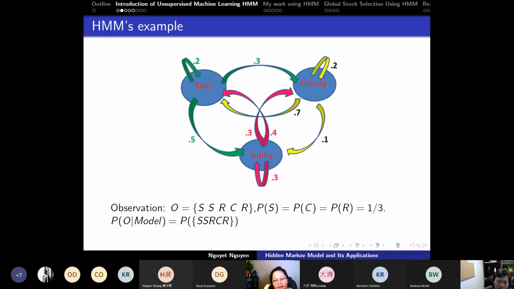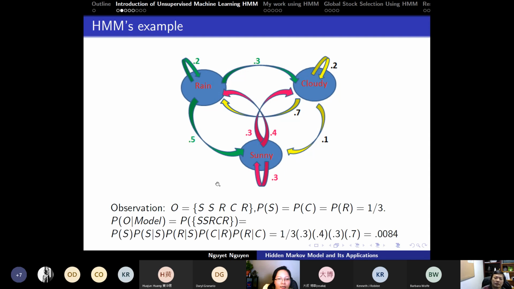If you have a larger data set, the purpose is to maximize the probability of observing these data sets. So in order to maximize this, we need to use some optimization methods to find the maximizer of the function.